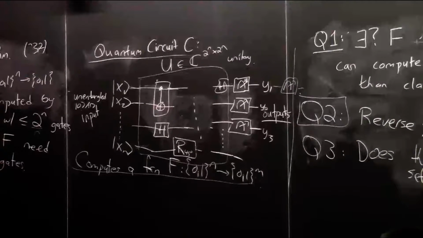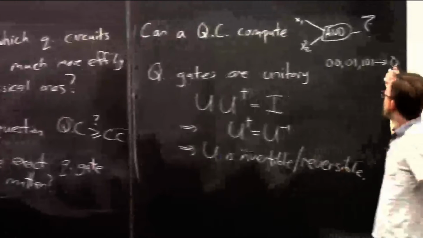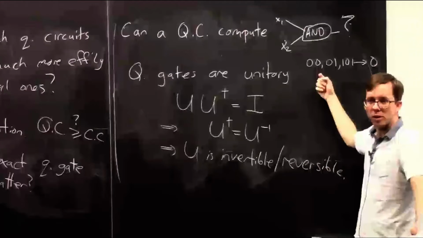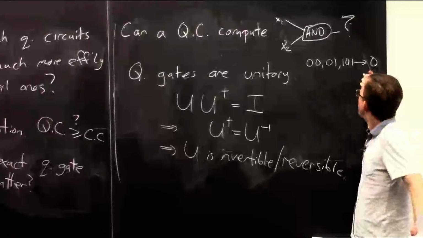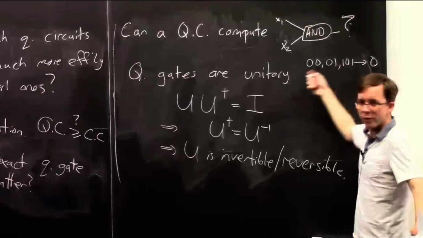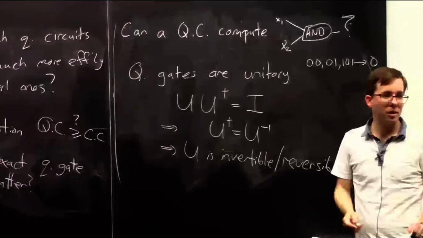But this classical AND gate is not reversible. Look, if you put in 0, 0, or you put in 0, 1, or you put in 1, 0, all three of these give out 0. So it's not reversible. If I just tell you the output, you cannot infer what the input was. Somehow you lose information when you put bits through an AND gate, potentially.